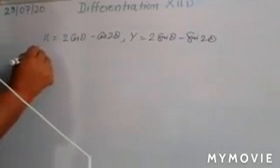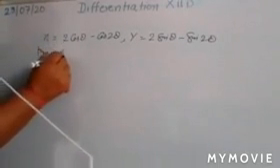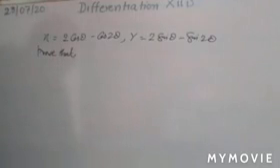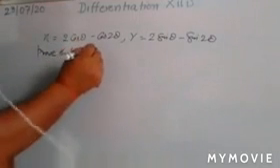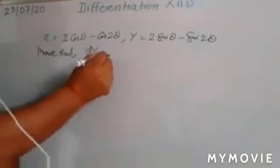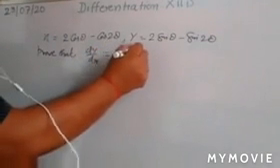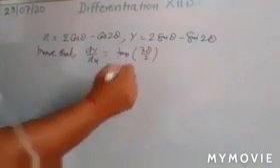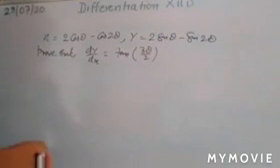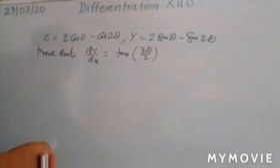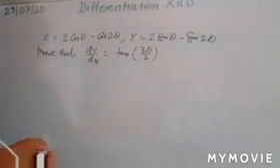So prove that dy by dx is equal to tan 3 theta by 2. You have to prove that dy by dx is equal to tan 3 theta by 2.